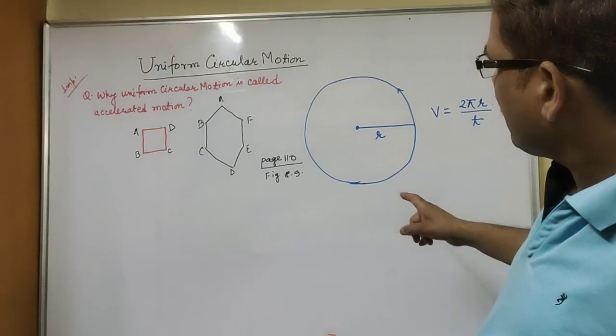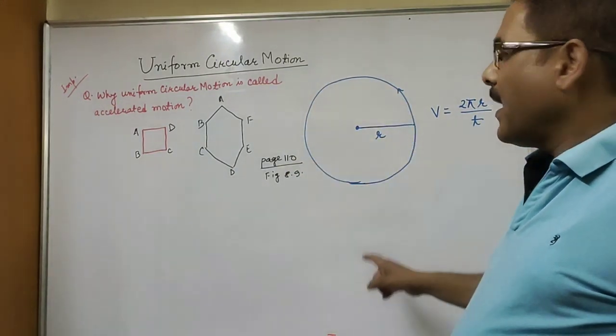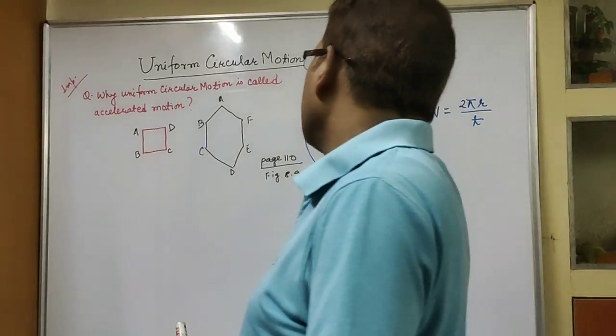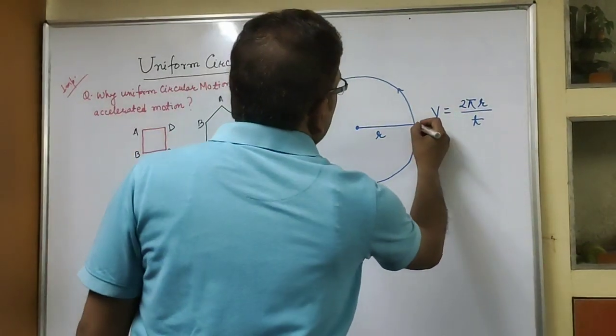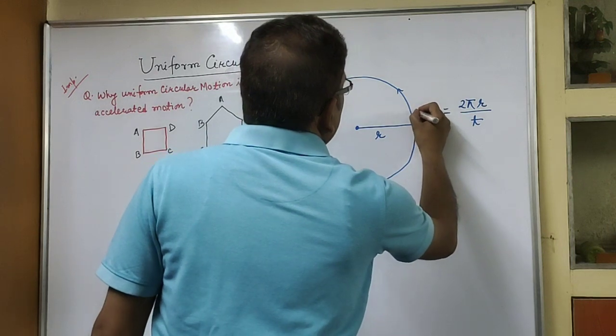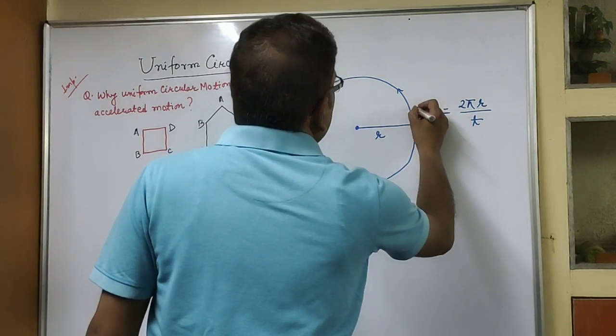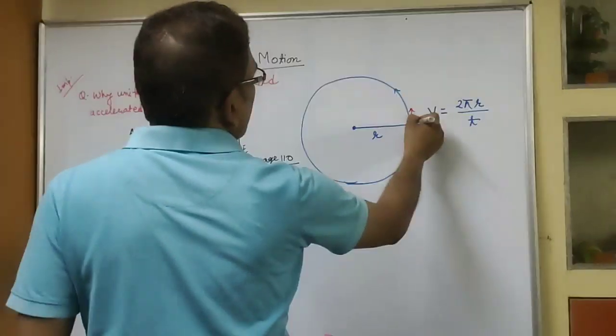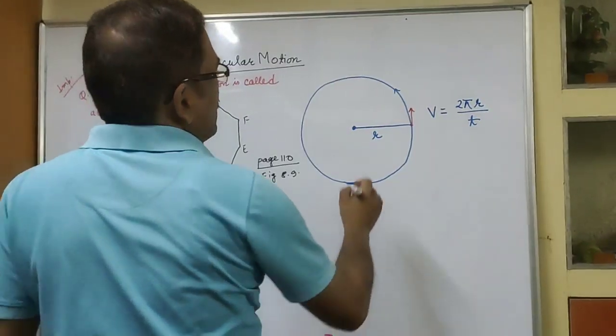So when an object moves in a circular path, at each and every point it changes its direction. Suppose the object starts moving from here. So at this point, if it is moving in anti-clockwise direction, the velocity will be like this.